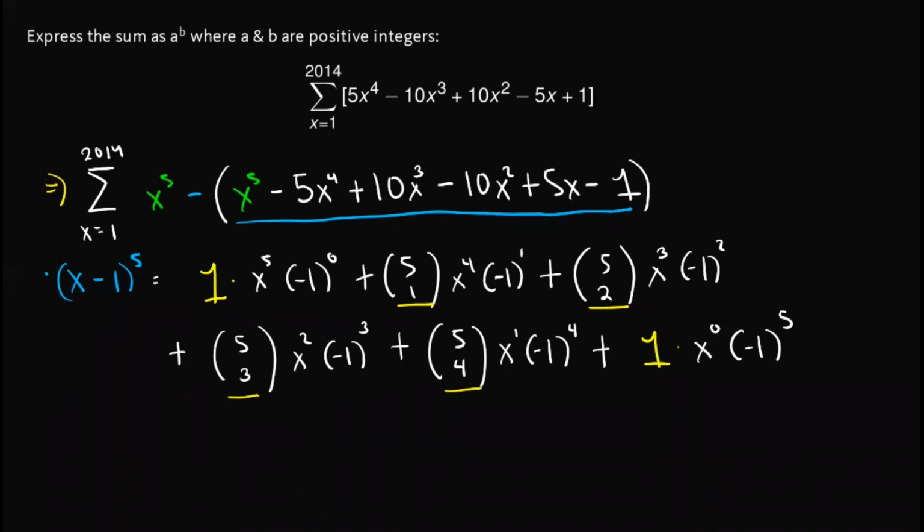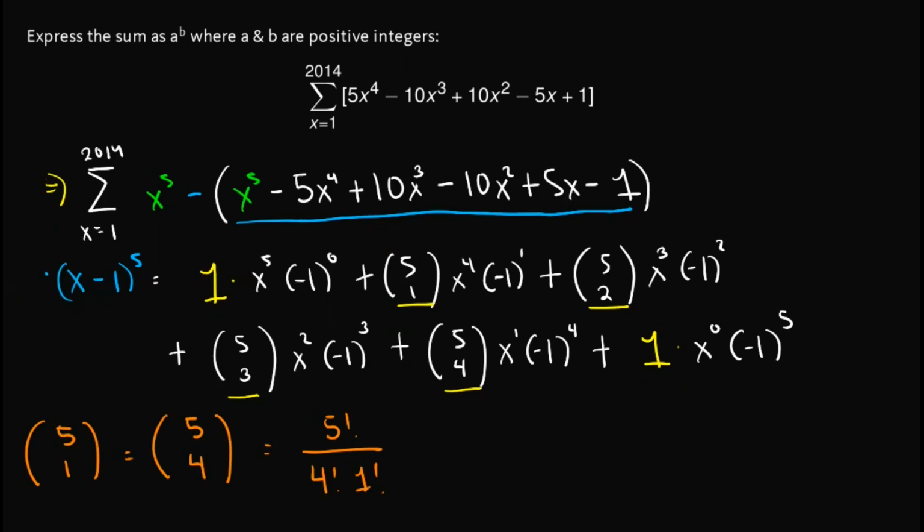Now for this next one out here, the combination of 5 and 1 is equal to the combination of 5 and 4, which is simply 5 factorial over 4 factorial times 1 factorial.